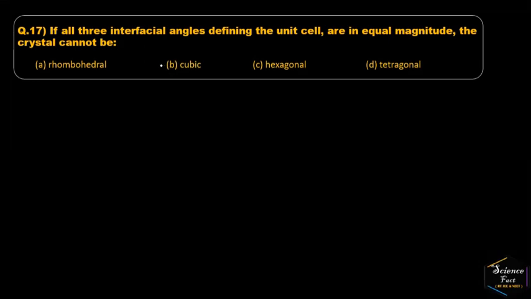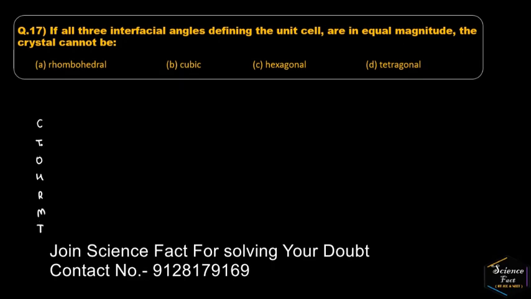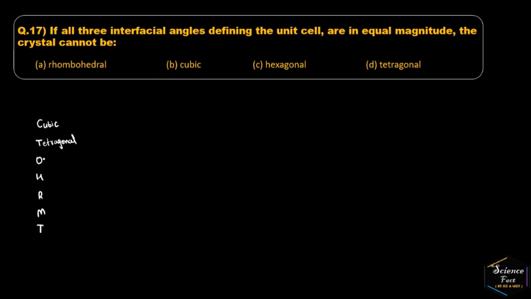To solve this question, you can use this trick, that is C T O H R M T. C means cubic, T means tetragonal, O means orthorhombic, H means hexagonal, R means rhombohedral, M means monoclinic, T means triclinic.